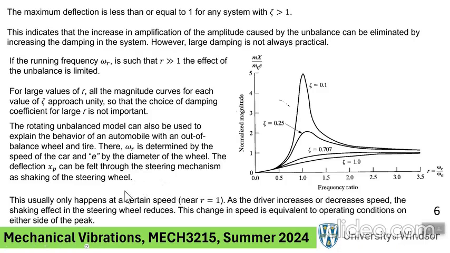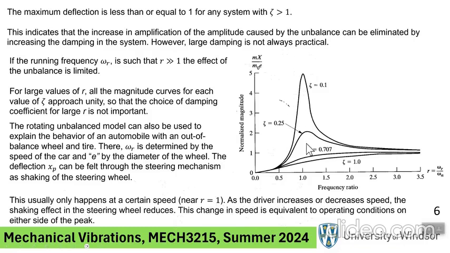Okay. And for the situation when r is equal to 1, close to 1, at least you can look at it. R close to 1, we can see the magnitude of the oscillation is high. Once the driver increases or decreases the speed, that shaking goes away. Okay, but essentially we are getting away from the resonance effect.